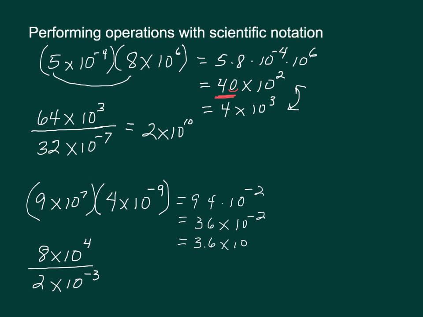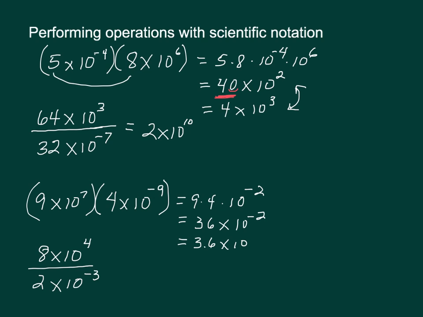Well, what did we do when we moved it to the left the last time? We increased our exponent by 1. Notice up here, we increased the 2 to a 3. Well, we need to increase this negative 2 by 1. But be careful when you increase a negative 2 by 1.